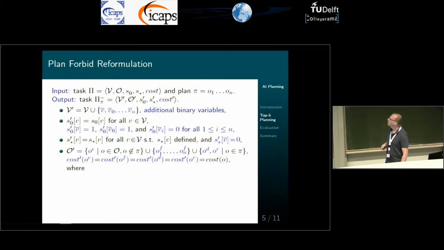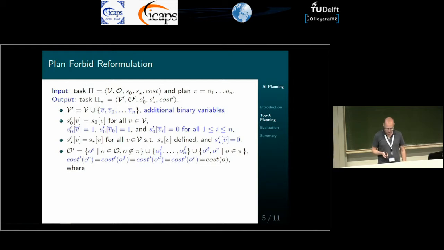So how does that actually work? Basically, given a planning task and a plan, you want to come up with a new planning task that forbids exactly that plan and preserves all other solutions. So we will take the variables of the original task and add additional variables, binary here, that would encode whether we are actually following the solution or not.